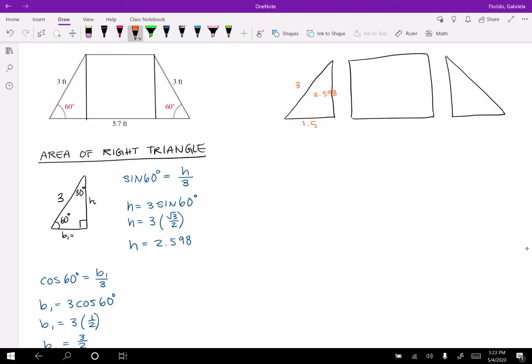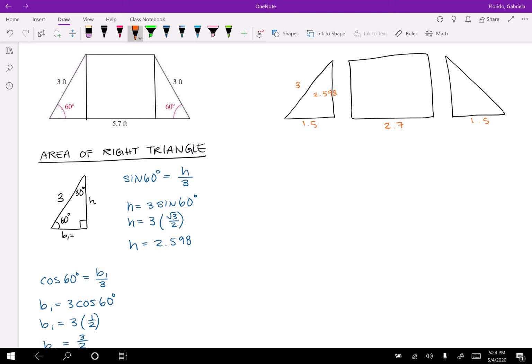And so this is going to be also 1.5 feet. And remember that the whole length of the base was 5.7, and so we can just do 5.7 minus 3, and that's going to give us the base of this rectangle. So the base of my rectangle is going to be 2.7.